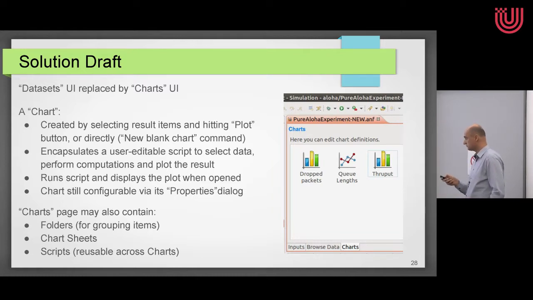And it's still configurable via dialogues, so you will still be able to configure most of the chart properties via dialogues, such as axis titles and stuff like that. The chart page can also contain folders for grouping chart sheets, also for grouping and showing them together, and standalone scripts which would be reusable across the other charts.